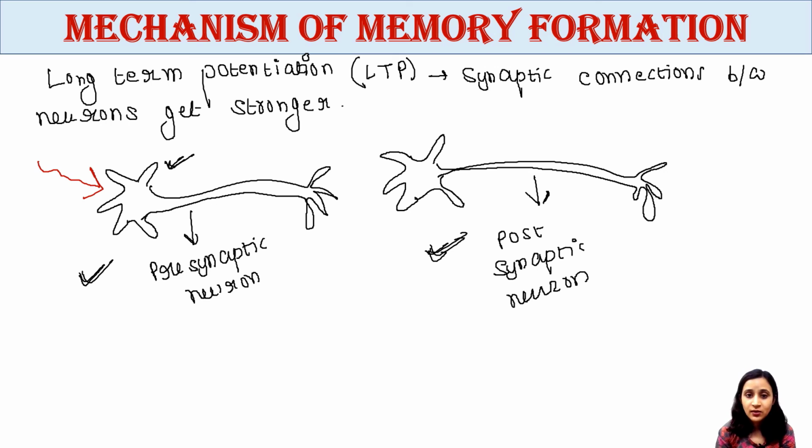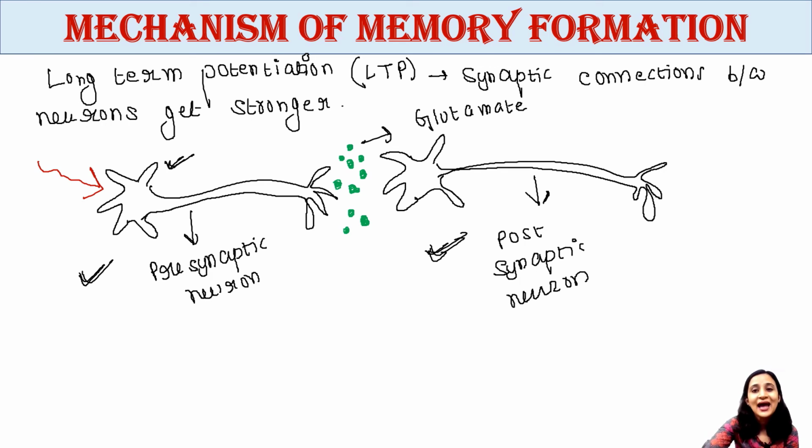So I am drawing some neurotransmitters. In case of memory, these neurotransmitters are mainly glutamate. And these neurotransmitters, or glutamate, bind to NMDA glutamate receptors on the postsynaptic neuron. Where will they bind?